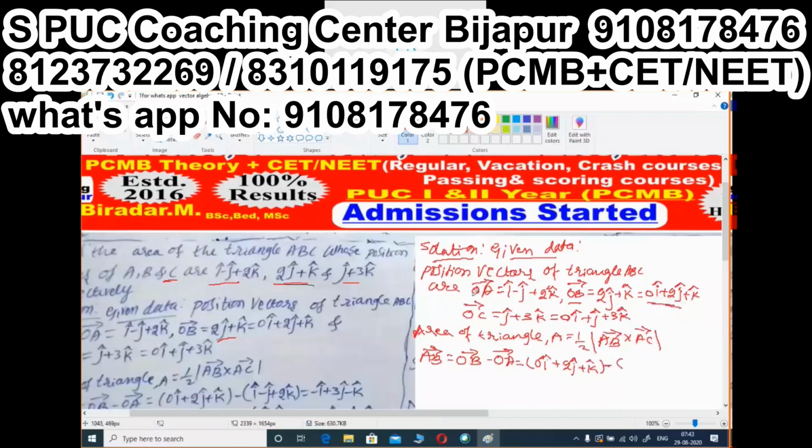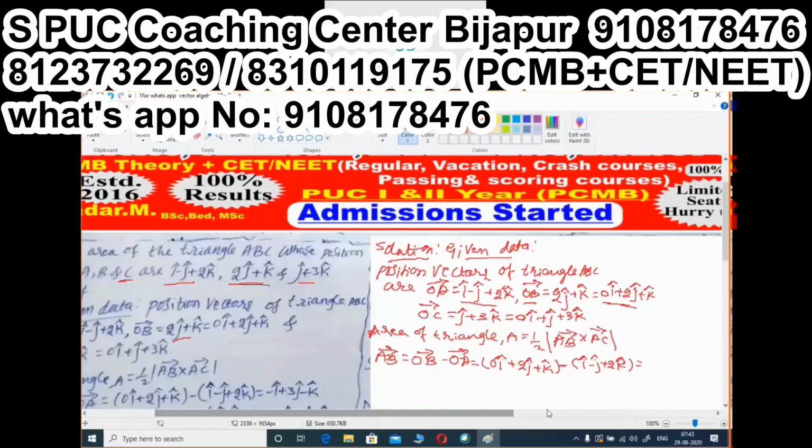So concerning the position vector of vertex A, that he has given, it is i cap minus j cap plus 2k cap. Simplify all this and tell what is going to come out. So that is 0 minus 1, that is minus i cap. Next here is plus 2j.